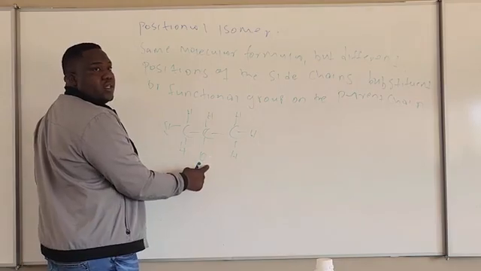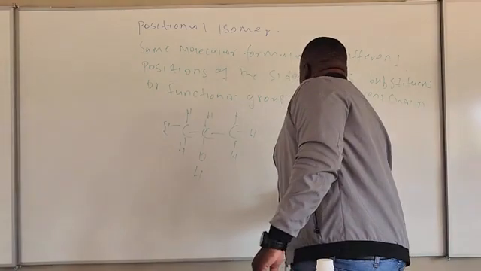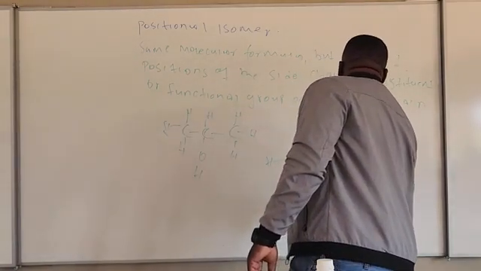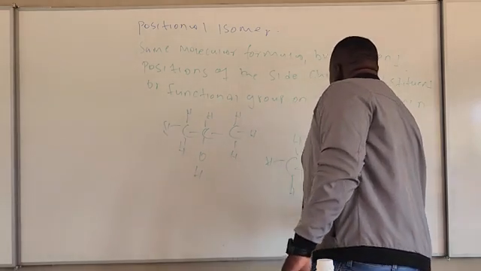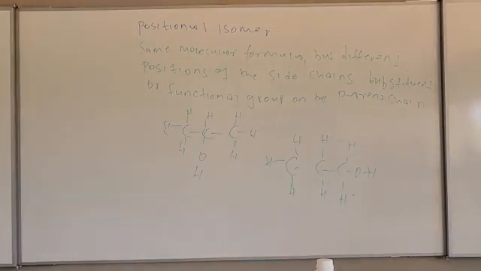Do you see where OH is? Then I draw another one. Do you see where OH is on this one? The first one is at carbon number 2. Then the second one is at carbon number 1. So they are positional isomers, because their functional group are in different positions. You understand? Yes.